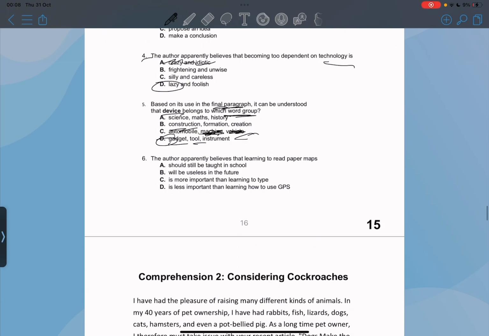Okay, question 6. The author apparently believes that learning to read paper maps is what should still be taught in school, will be useful in the future, is more important than learning to type, is less important than learning how to use a GPS. Okay, it's not mentioned that it's more important than learning to type, or that it's less important.